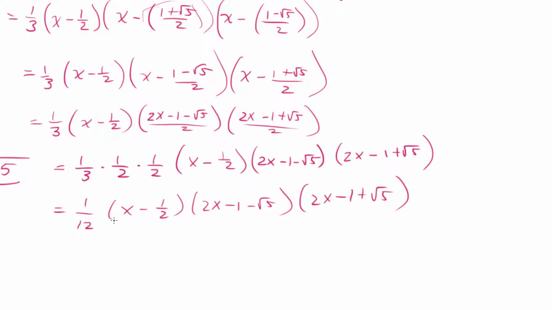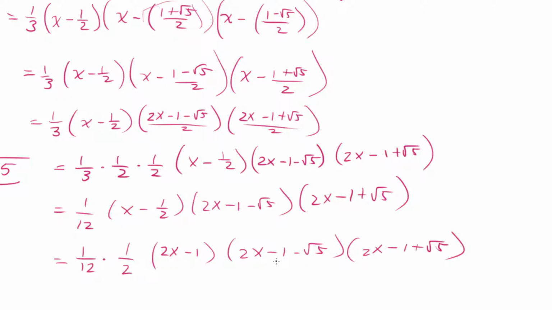And if you want to keep simplifying even further, you can factorize the 1/2 here. Okay, so 1 over 12 times 1/2 times 2x minus 1 times 2x minus 1 minus radical 5 times 2x minus 1 plus radical 5. Okay, and then this one can be just turned into 24.